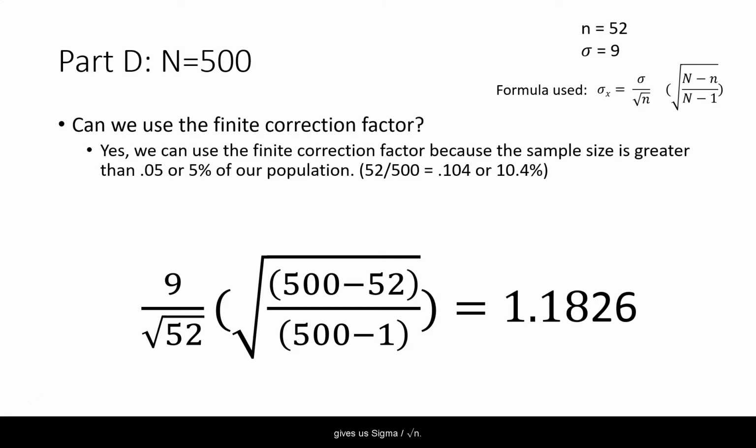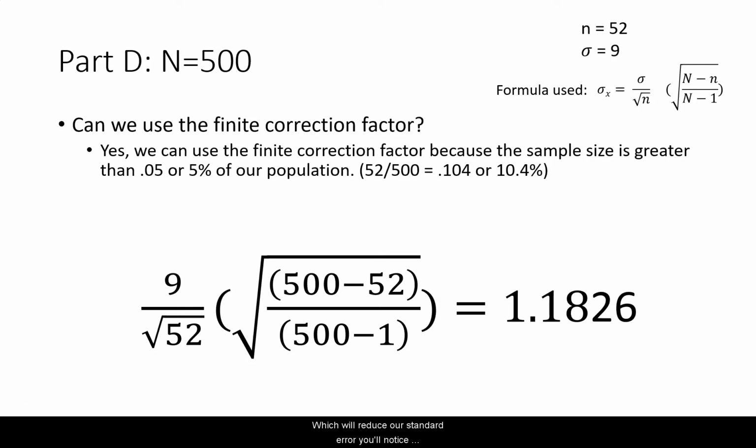So now we can use the entire formula, including the finite correction factor, which gives us sigma divided by the square root of n, 9 divided by the square root of 52, but we multiply that by the square root of 500, our population size in this case, minus our sample size of 52, and then we divide that by our population size of 500 minus 1, which will reduce our standard error.